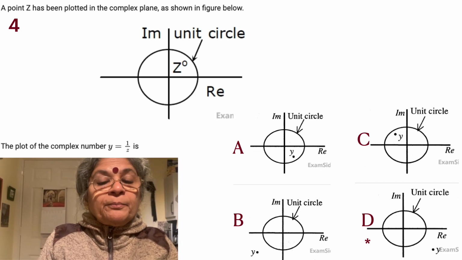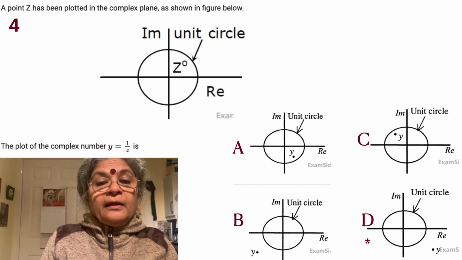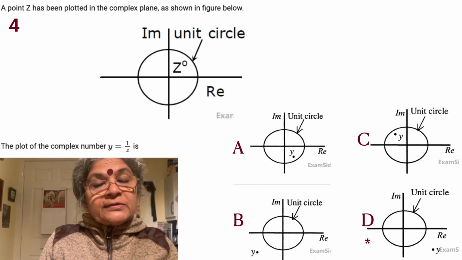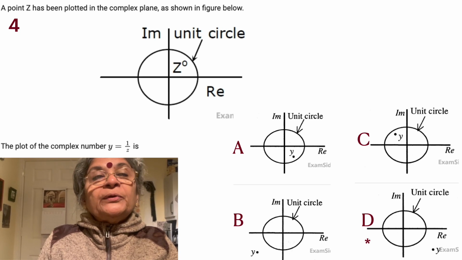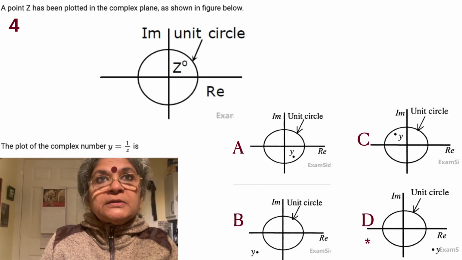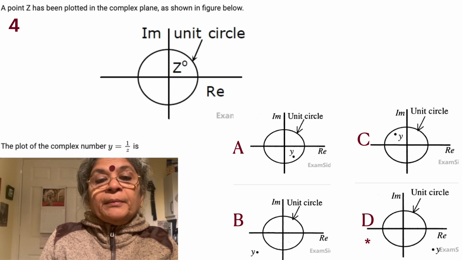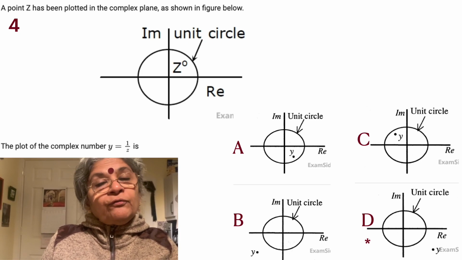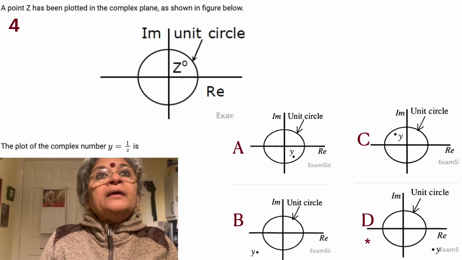A point Z has been marked in the complex plane as shown in the figure below. So the complex number y is equal to 1 by z. We have z there, and we want y equal to 1 by z. How do you describe this? You can describe z as a point inside the unit circle with a positive angle. So 1 by z would be a point outside the unit circle, and because the angle marked by the point z will be on the denominator for y equal to 1 by z, the angle will be negative in nature, or it will be in the fourth quadrant.